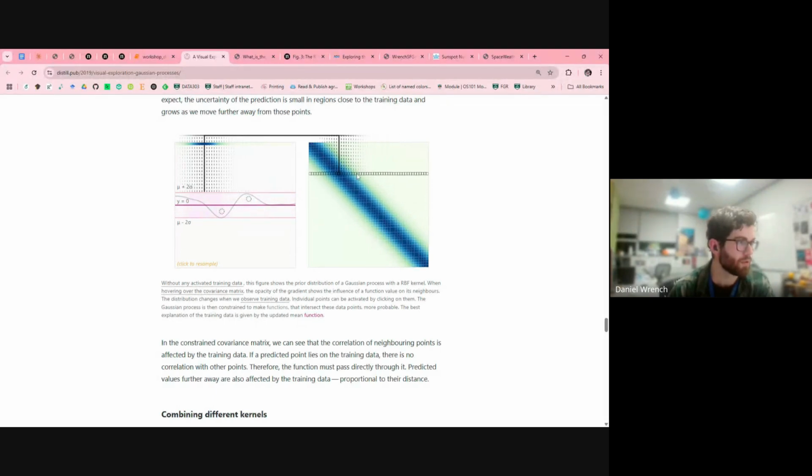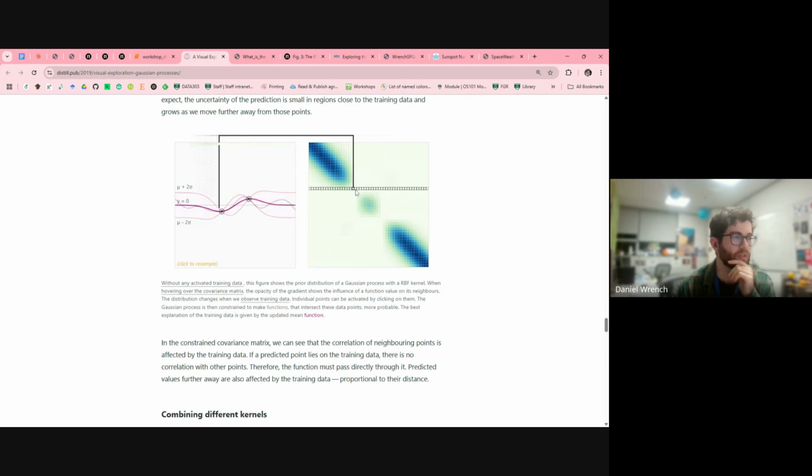So we observe some points, and then we update our prior based on the observed data, and then we obtain a posterior distribution for our time series likelihood. And this is showing how, when we observe points, the variability drops to 0 at those different distances because we've observed the point. So we have 0 uncertainty.